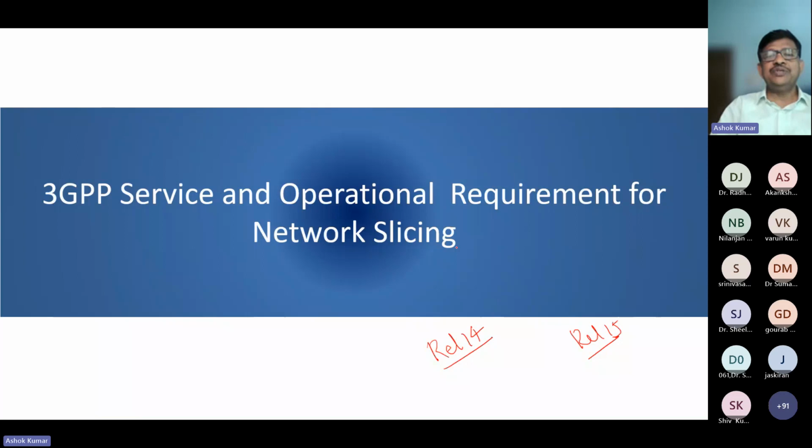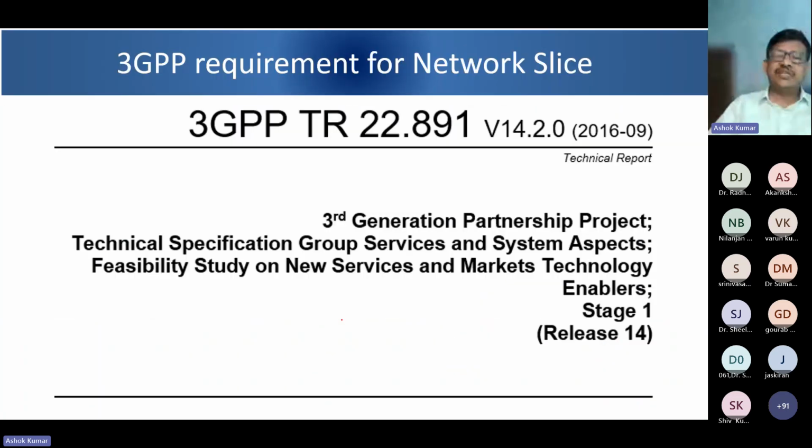What should be the operational requirement? What should be the service requirement for network slicing? This is what was discussed in this particular document, called TR 22.891. In this document, they are talking about a feasibility study on new services and market technology enablers.